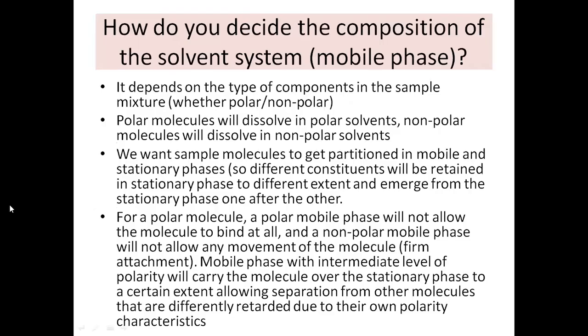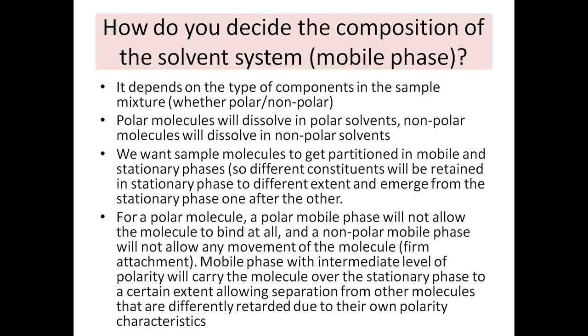Then this is one question which I think I've already given you the answer for. How do you decide the solvent system? That is the mobile phase. I have told you that different combinations of solvents are used to make the mobile phase. And then I have told you that there are different solvents which have different polarities. Okay, so depending upon what is the type of our sample molecules present in the mixture, we can have either polar molecules or non-polar molecules. We have mixtures of polar and non-polar molecules. Okay, polarity is different for different molecules.